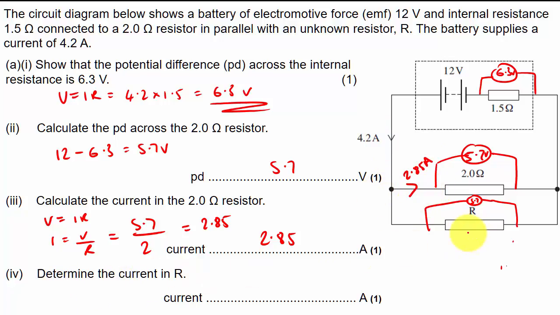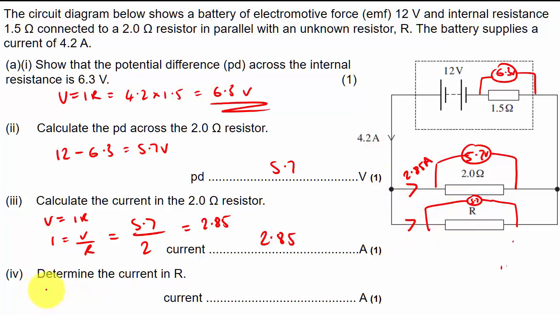What's the current through R? Similar to Kirchhoff's voltage law, Kirchhoff's current law is also true: the sum of the currents entering a node will be equal to the sum of the currents leaving the node. So whatever's come in has to be equal to whatever's leaving. If 4.2 amps come down here and 2.85 go that way, then whatever's left over must be going down there.